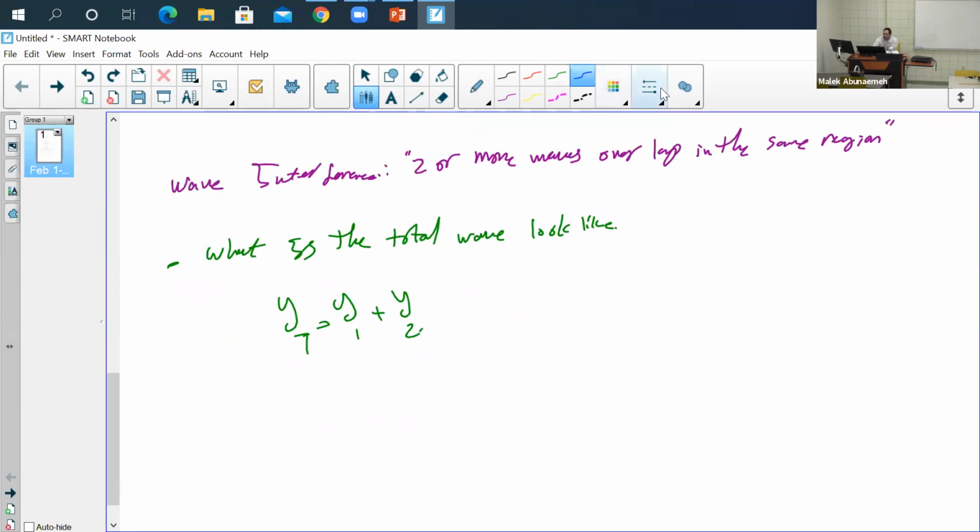So another question: what do these two waves look like when overlapping?